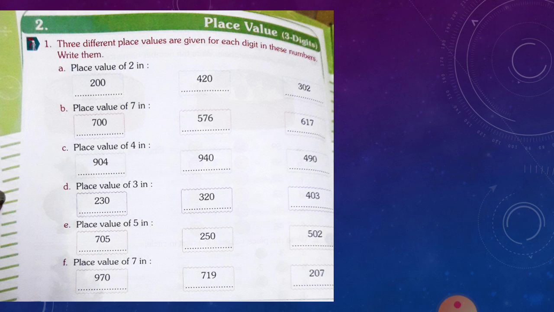Next, this is next page. Page number 4, children. Three different place values are given for each digit in these numbers. Write them. Place value of 2 in 200.